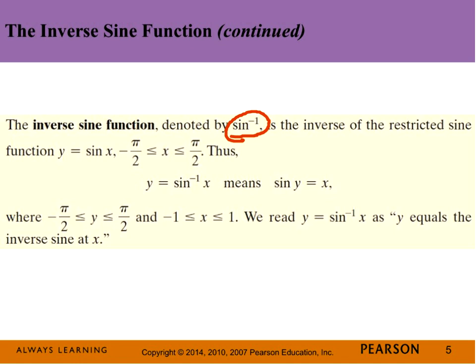This should be reminiscent of our work with logarithms from college algebra, where we had b to the y equals x if and only if y equals log base b of x. So this is going to look sort of like the same thing.